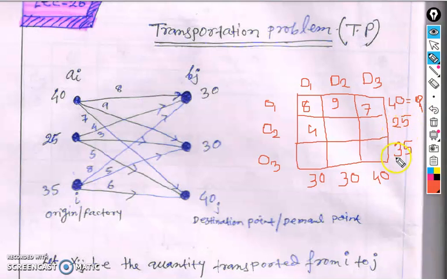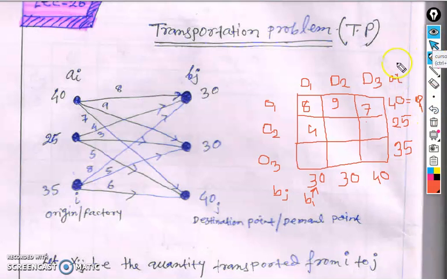This one is A2, this one is A3. This one is B1, this one is B2 and this one is B3. For the general case we write BJ here, and for supply we write AI. How many quantities are supplied by the factory is represented by AI.